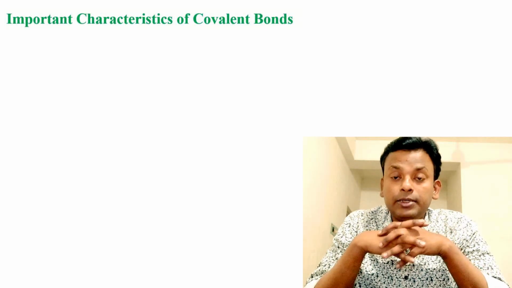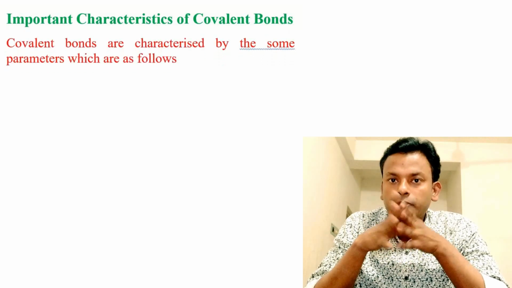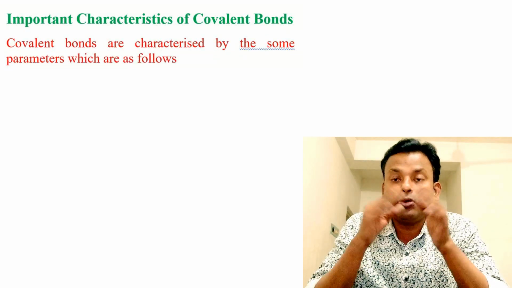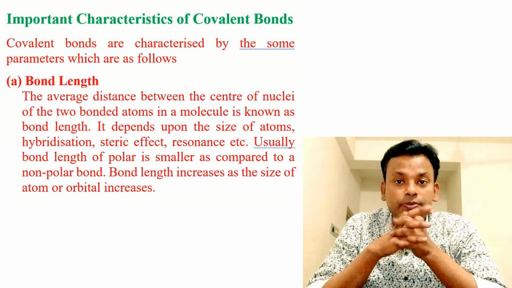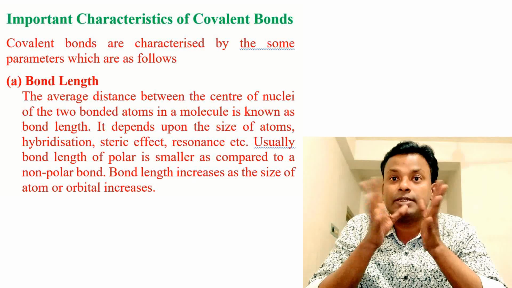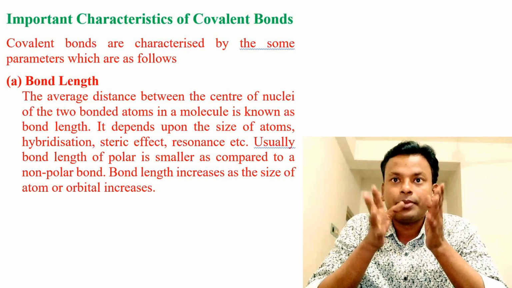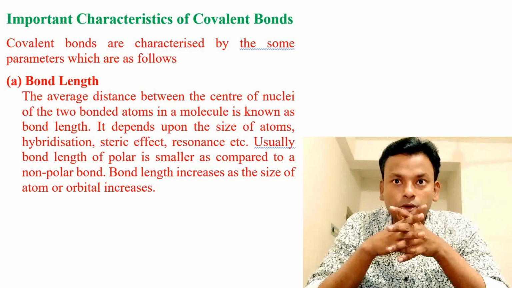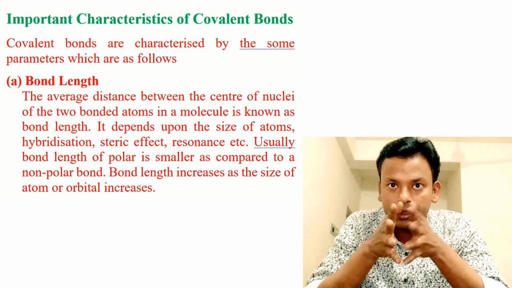Important characteristics of covalent bonds. Covalent bonds are characterized by some parameters which are as follows. First point, bond length. The average distance between the centers of the nuclei of the two bonded atoms in a molecule is known as bond length.